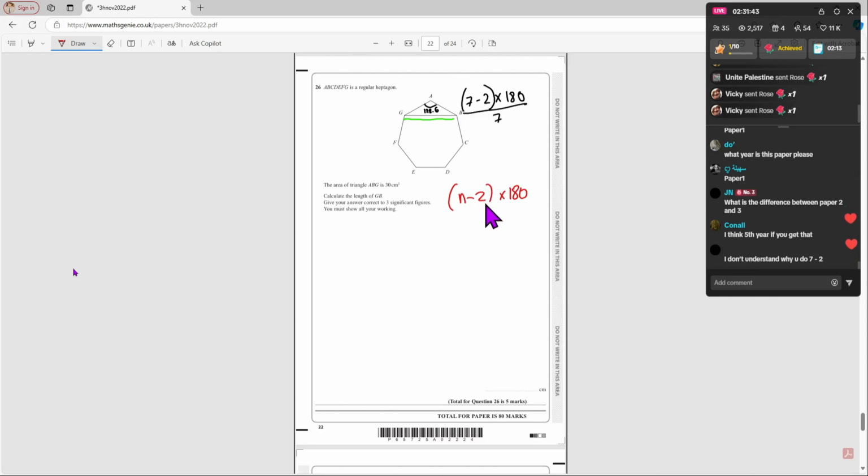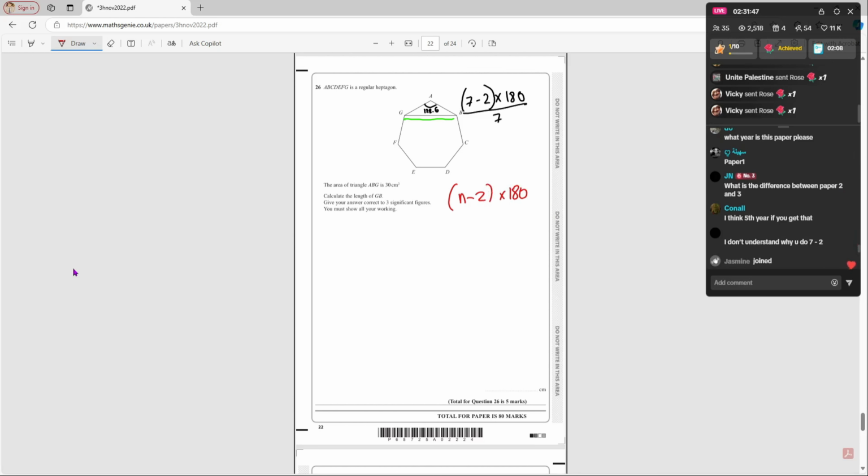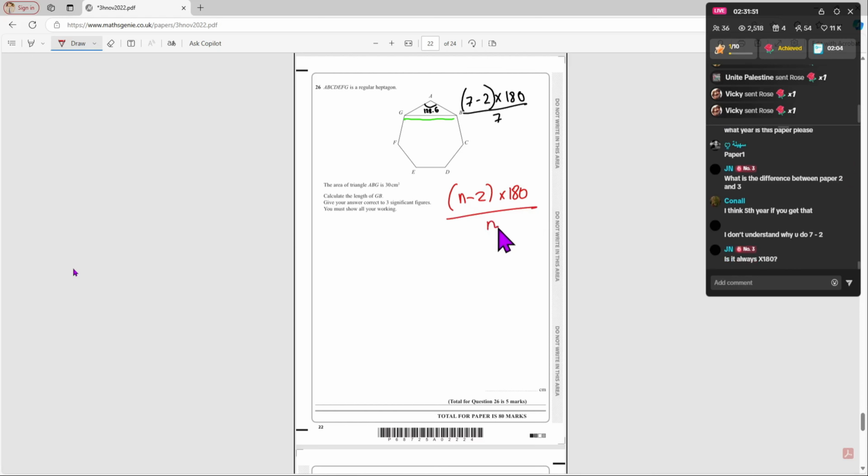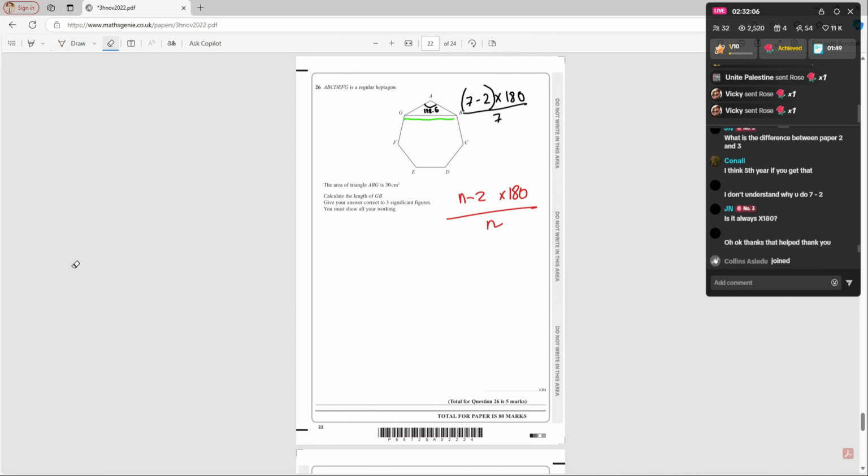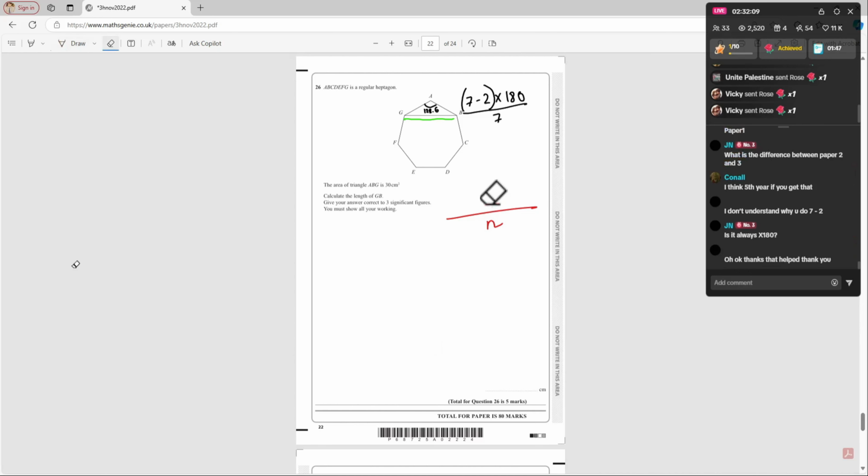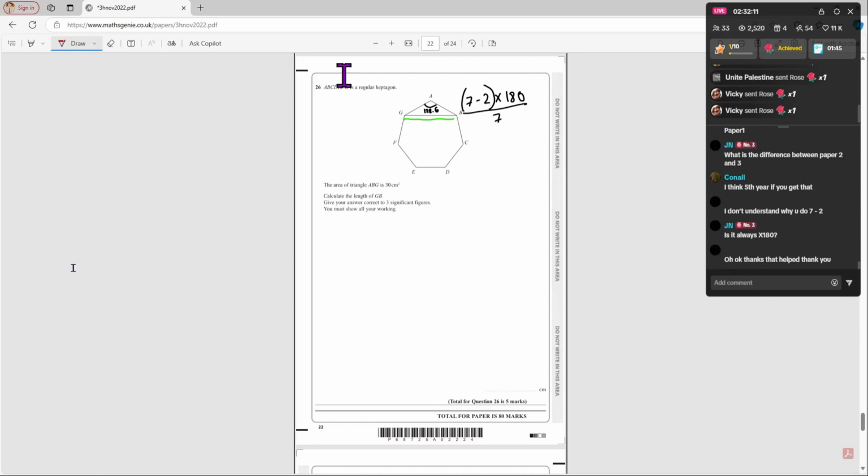Now, since you're not trying to find the sum, you're trying to find one interior angle, you divide it by the number of sides, which is 7. n is the number of sides. Yes, you always multiply by 180 and you always subtract 2 first. Okay, that is our formula to find the interior angles. So then you get 128.6, and that's why I labeled it 128.6.